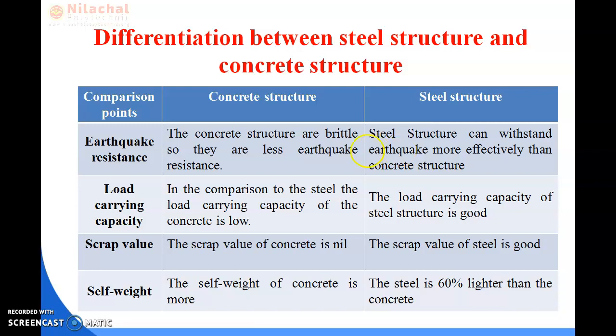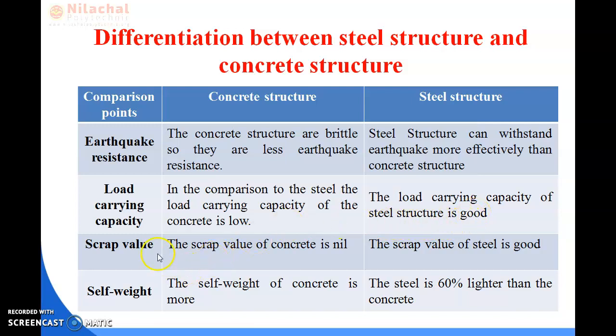Next is load carrying capacity. In concrete structure, compared to steel, the load carrying capacity is low because it is brittle in nature. But the load carrying capacity of steel structure is more than concrete because it is ductile in nature, so it can resist more load for a long duration.